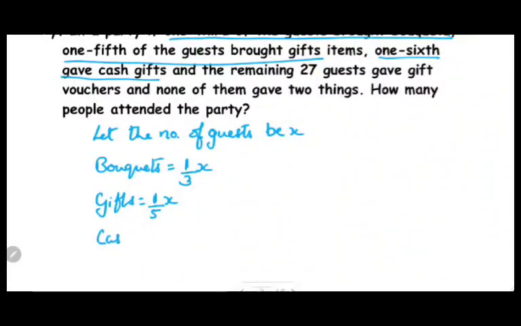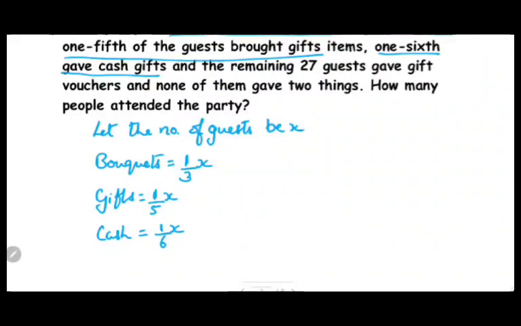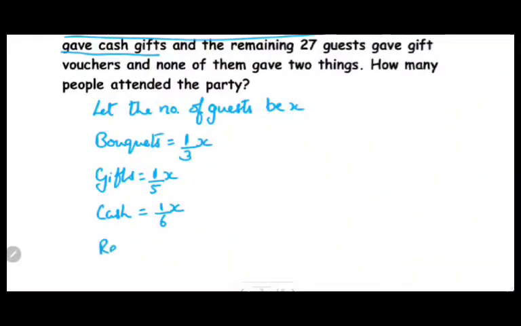So cash gifts is equal to 1/6 of the total number of guests, and then the remaining 27 guests. None gave two things at a time. Okay, everybody just gave one. So this is out of question. So how many people attended the party?